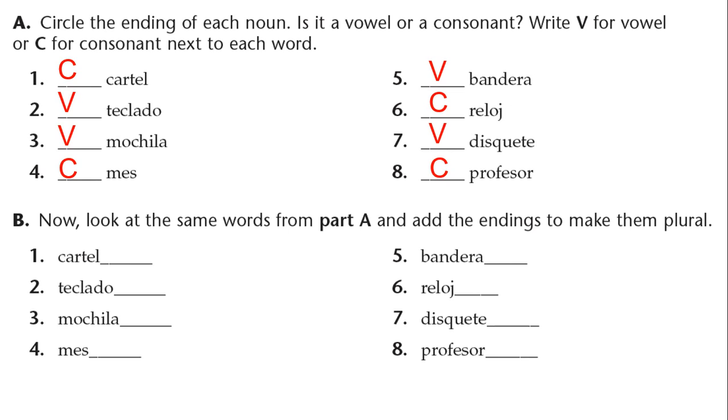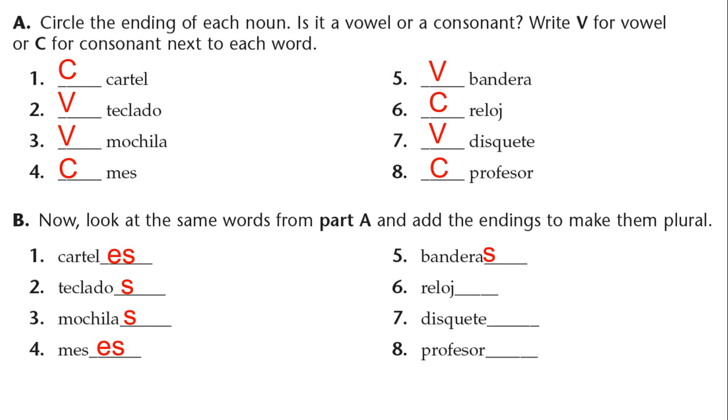So if it ends in a consonant, we add ES. If it ends in a vowel, we just add S. An easy way to remember this is if it already has a vowel, you don't need to add the E because it already has a vowel. If it doesn't, we need that vowel. So cartel becomes carteles, add ES. Teclado, we're going to add S. Mochila, add an S. Mes, we're going to add ES.